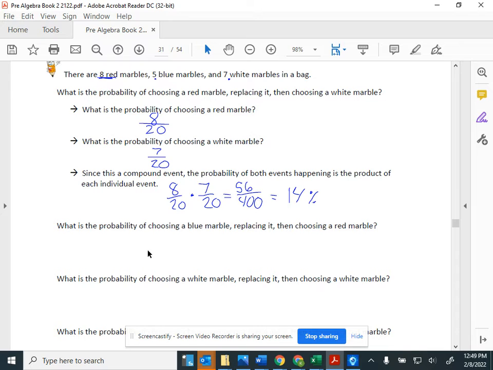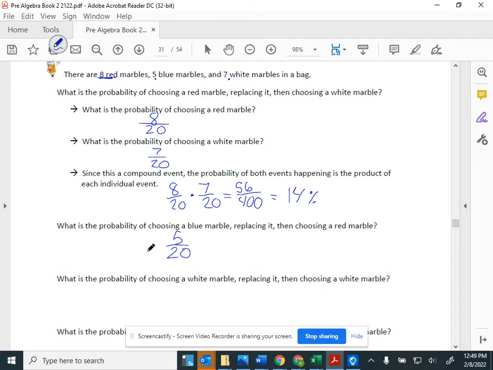So let's look at our next question. What is the probability of choosing a blue marble, replacing it, then choosing a red marble? How would I solve that? Maddie? You would do the blue marble, which is 5 over 20. There are 5 blue marbles, so 5/20ths.